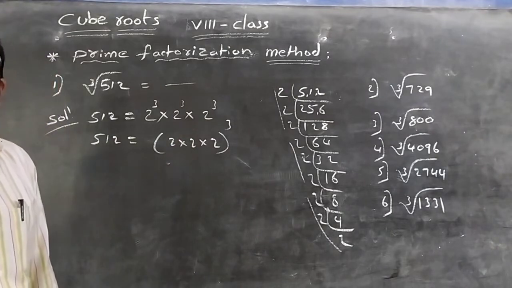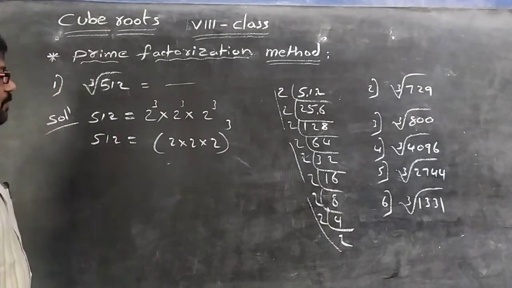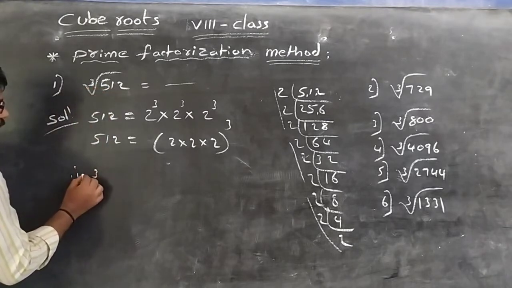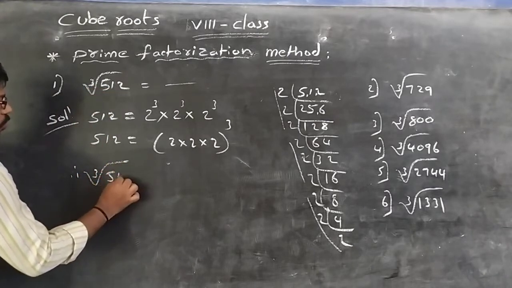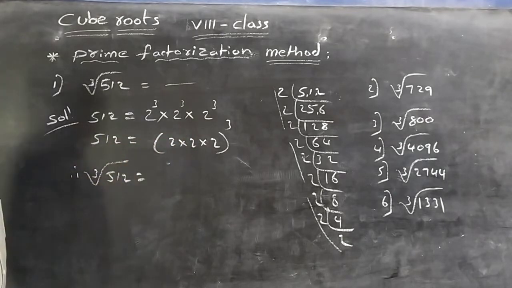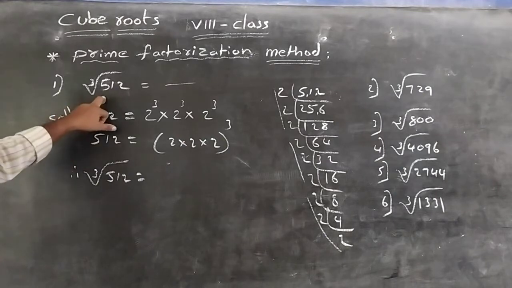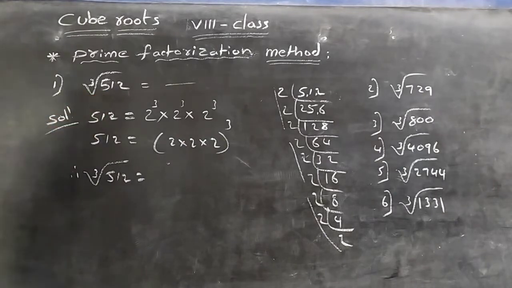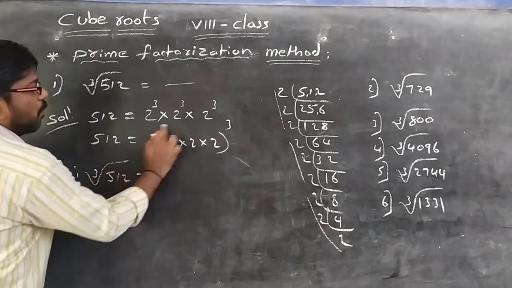By using exponential laws, now take the cube root on both sides. Here we have to find the cube root of 512, that's why we take the cube root on both sides.